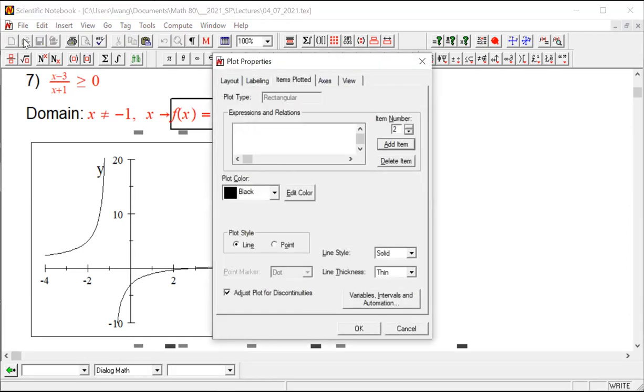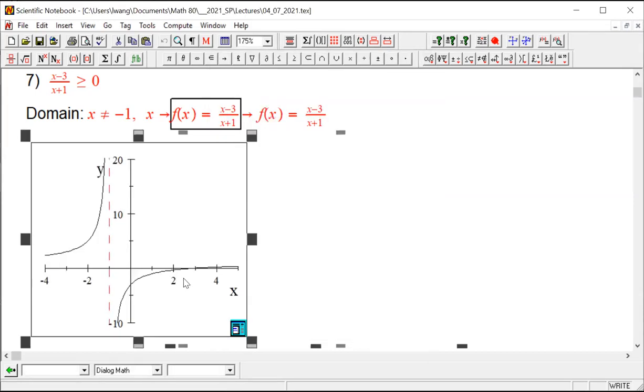Okay, so I'm going to graph this line for you. There's a forbidden line. Why is it forbidden? Because it's not in the domain. That input -1 is not in the domain. That's what separates this big curve into two pieces.